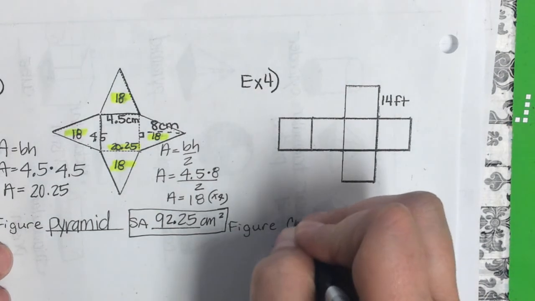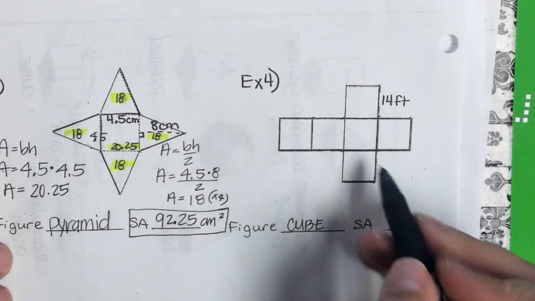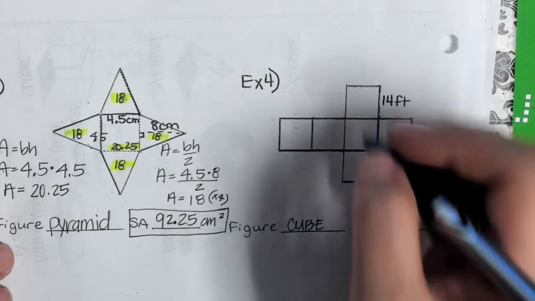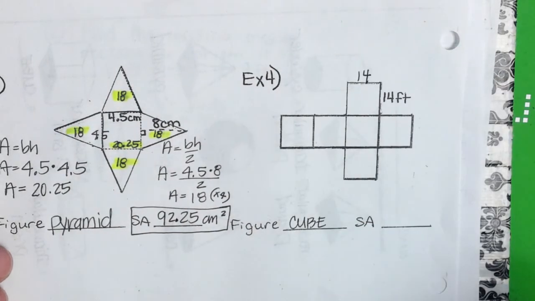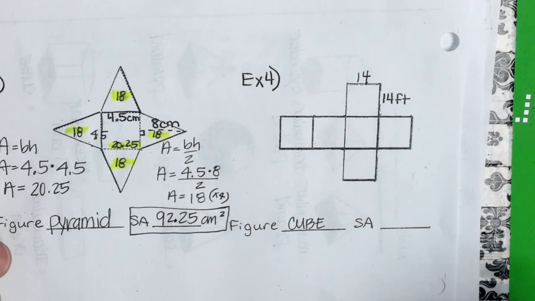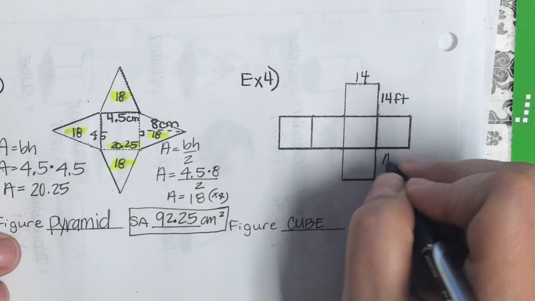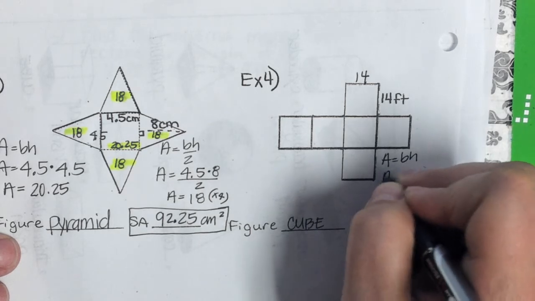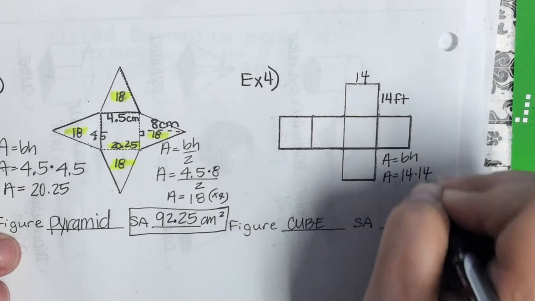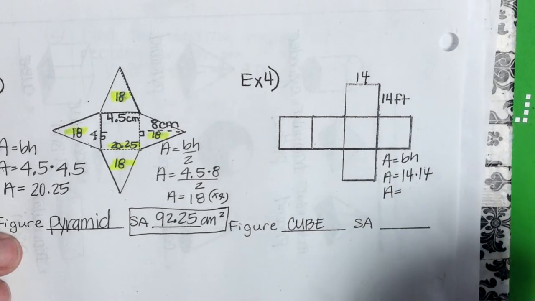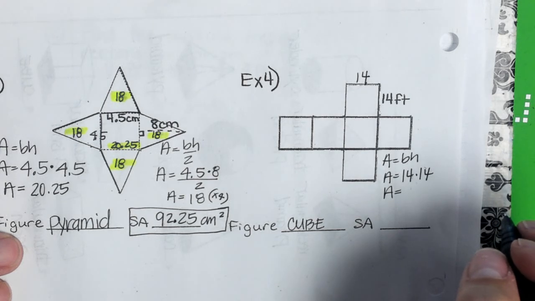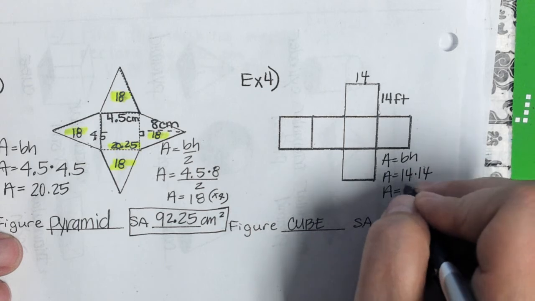It is a cube. That's right, because it is a cube and these are all squares. Every single side is 14. How many faces does a cube have? 6. Very good. So area is base times height. That would be 14 times 14, which is, what'd you get? 196.